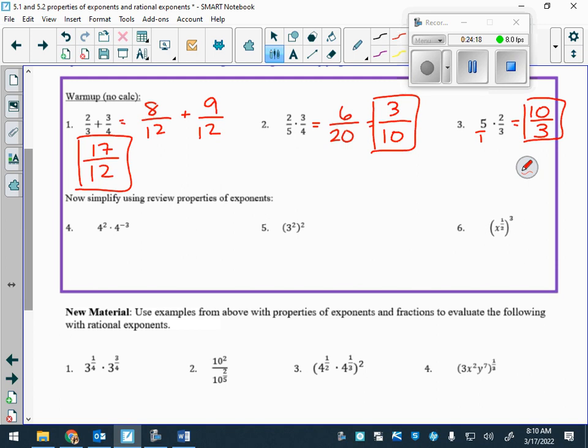Yeah, Camilla. 5 times 3 plus 2. Why would you do that? If you wanted to, 5 plus.